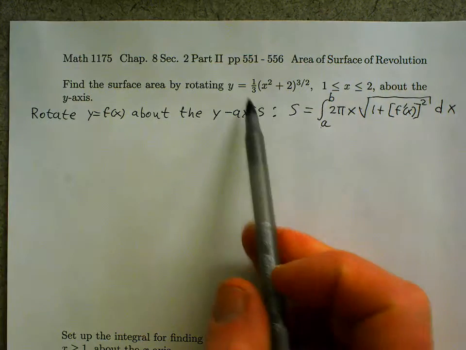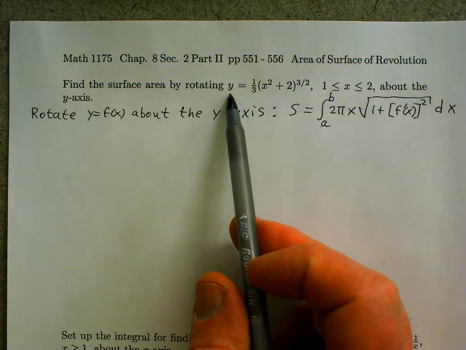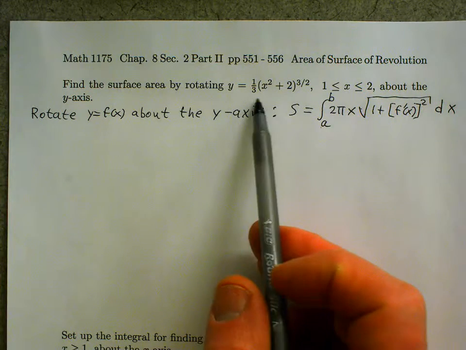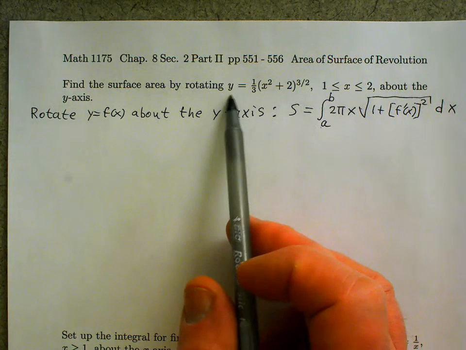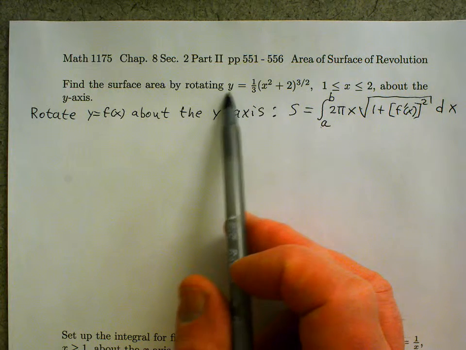Okay, so we have a function y. I could have written f of x equals 1/3 times x squared plus 2 to the 3/2. So just think of that as our f of x.